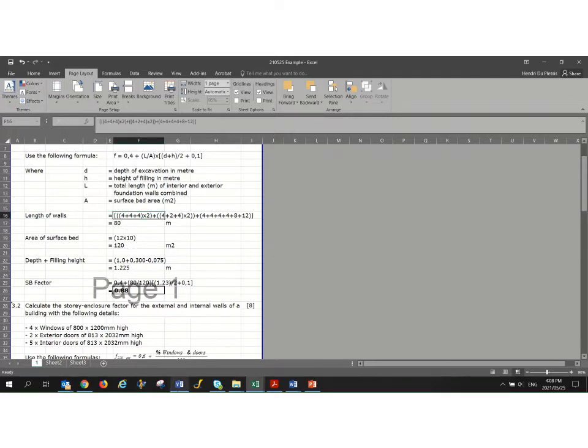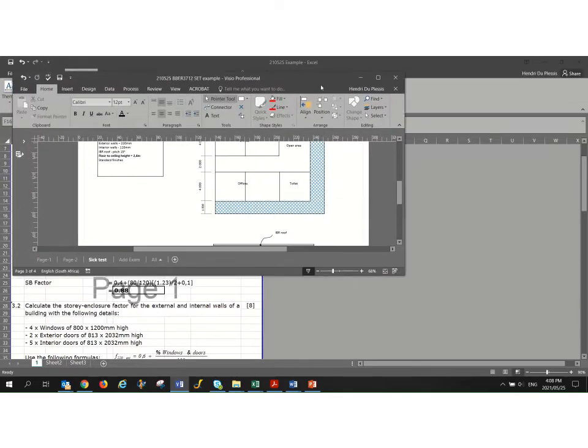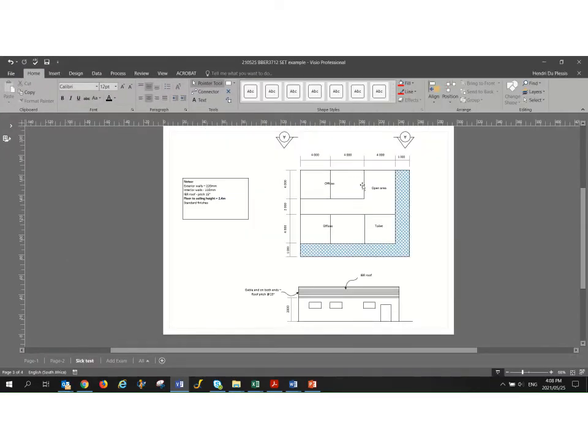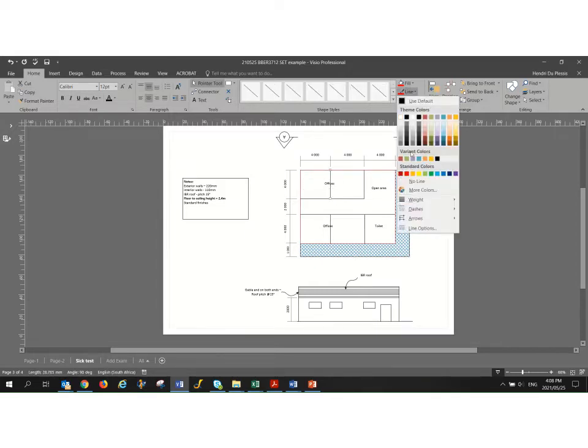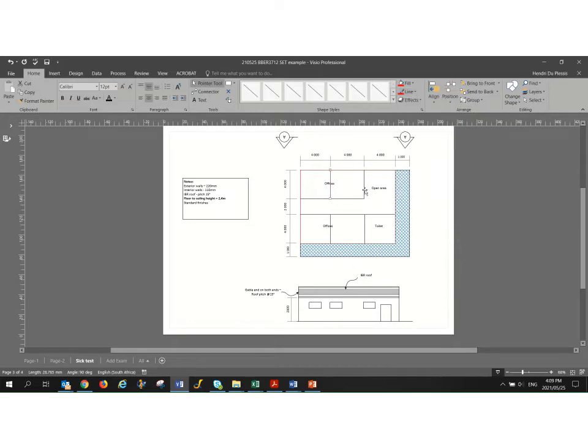So then you go through the basics of just measuring your work. Okay, and then you just calculate your perimeter walls, you measure that. You go through your interior walls, you measure that systematically, and yeah, you get your length of your walls.